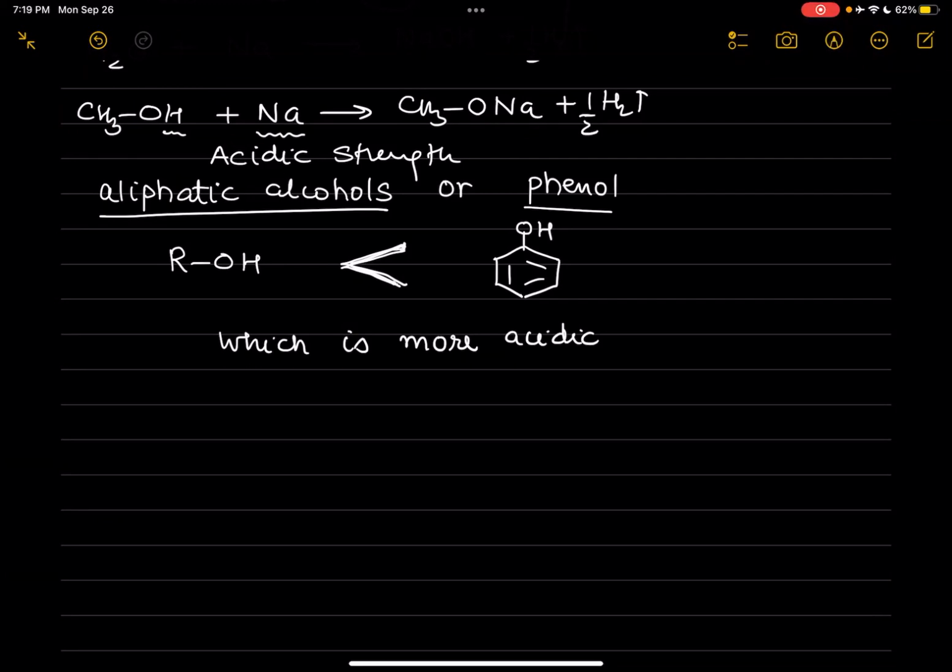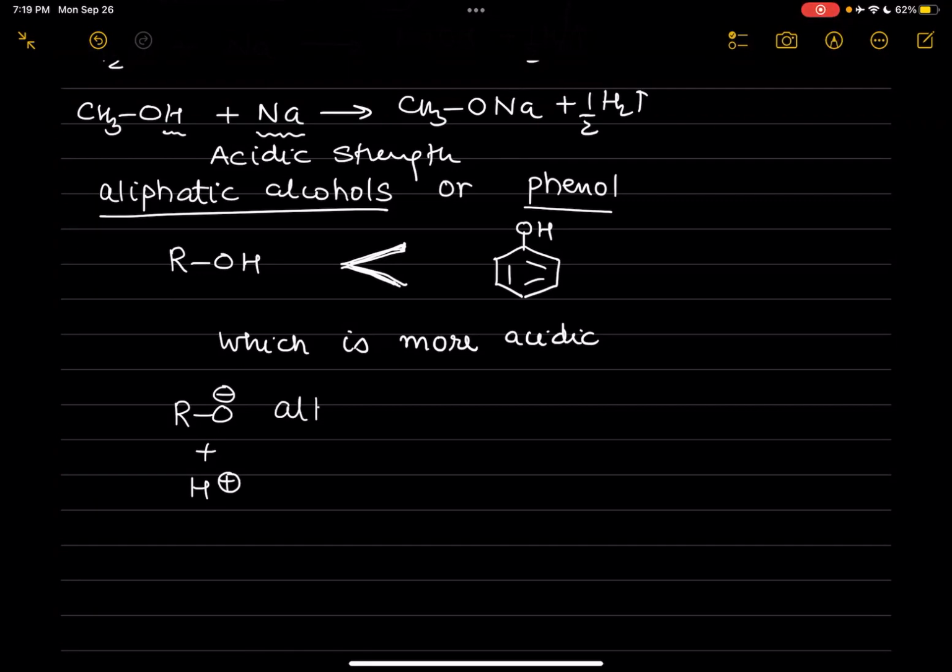No, sir. Actually, what happens here is, when we are talking about acidic strength, let's remove H plus. Alcohols lose their H plus and form an alkoxide ion. This is the general name.